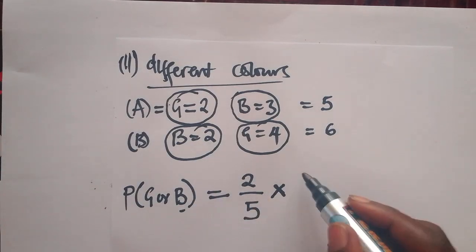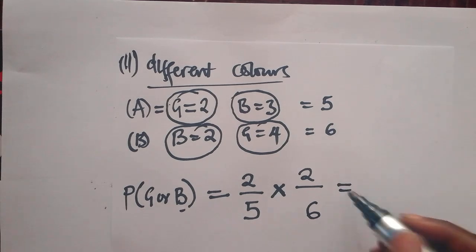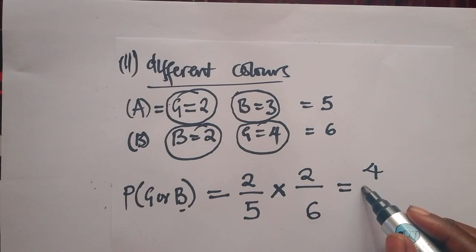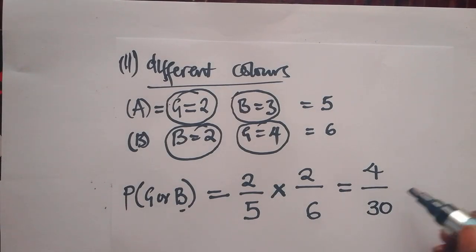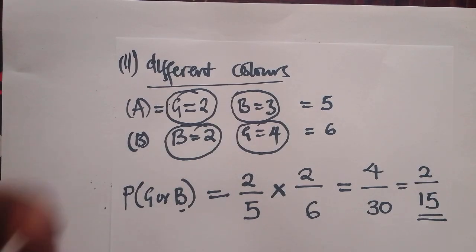We only have 2. How many balls altogether? 6. Then 2 times 2 you get 4, 5 times 6 you get 30. Then you can simplify this to 2 over 15.